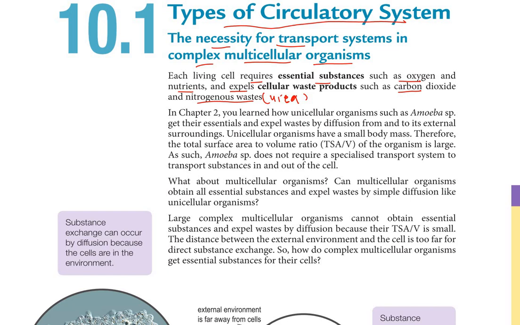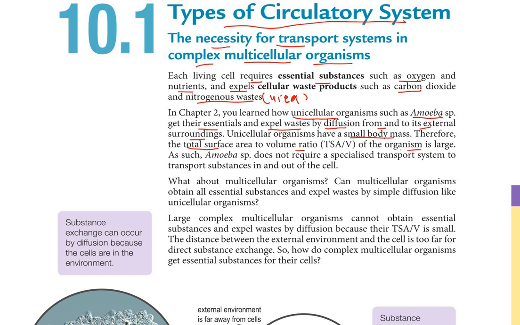In chapter 2, you learned how unicellular organisms such as amoeba species get their essentials and expel waste by diffusion from and to their external surrounding. Unicellular organisms have a small body mass. Therefore, the total surface area to volume ratio, TSA over V, of the organism is large.